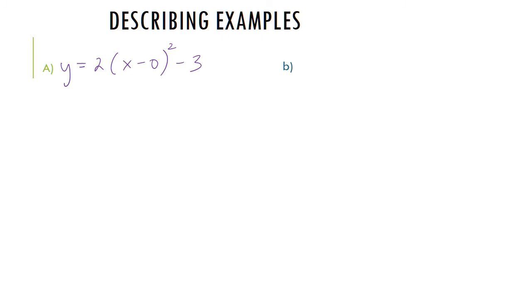So we always read left to right. The first thing you encounter is the 2, the a value. Maybe as a quick reminder here, since we don't have it written, there's our vertex form equation. Is it positive or negative? It's positive.